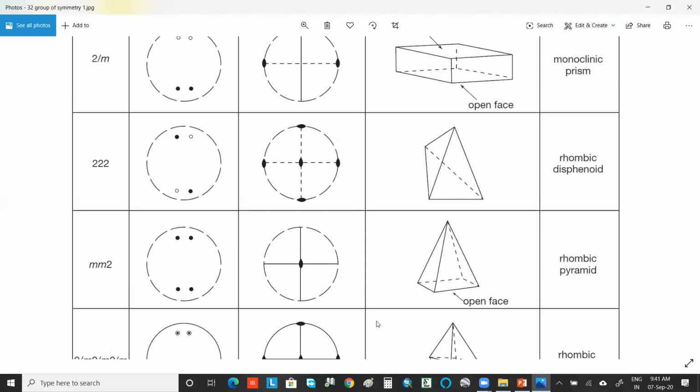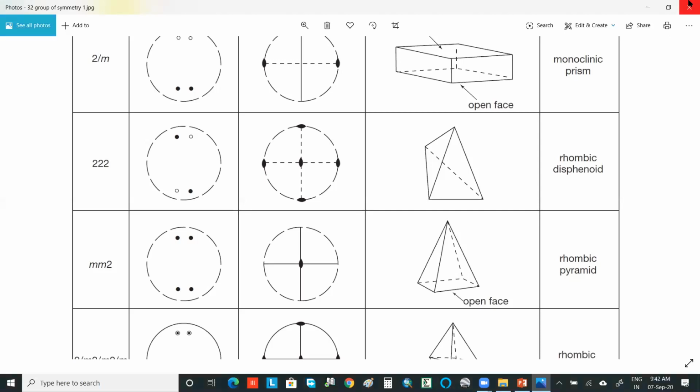It is a disphenoid, so two faces, this one and this one, and double of that, two faces, this one and this one. Getting my point or not? Rhombic disphenoid. Sphenoid also has two faces, as we saw in the upper diagram. Hope you remember that. And rhombic disphenoid, that means two sphenoids.